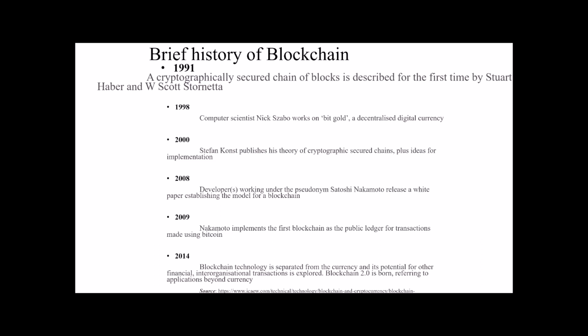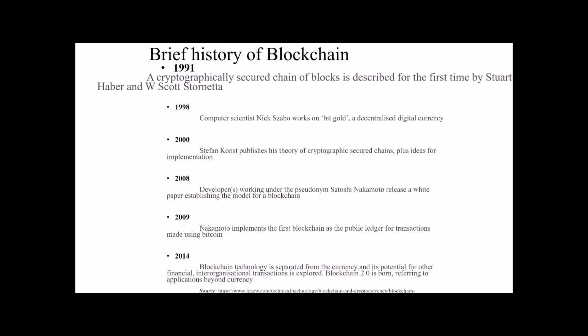But in 2014, or you can say late 2013, Vitalik Buterin proposed this beautiful model, that we could write programs on top of blockchain, right? It just paves the way for writing and building applications that are beyond cryptocurrencies.